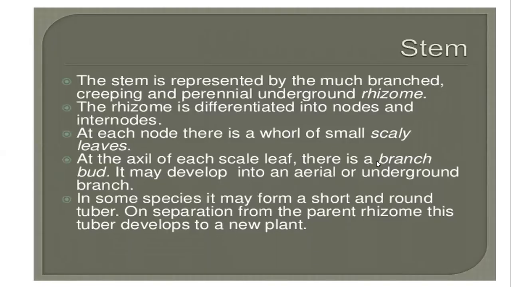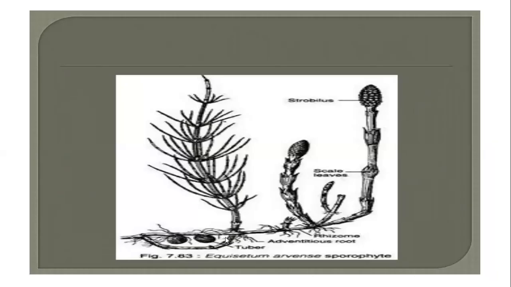Now, at the axil of each scale, there is a branch, so they develop into an aerial or underground branch. Now, in some species, at this nodal part, it may also form some small and round tubers. Which, when they separate from the rhizome, develop into a new plant.